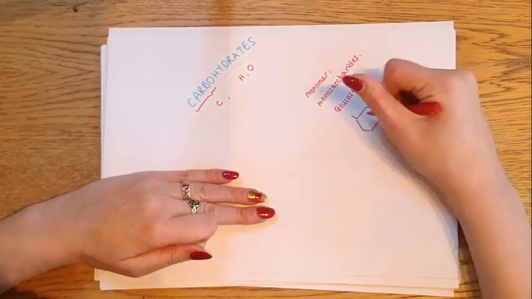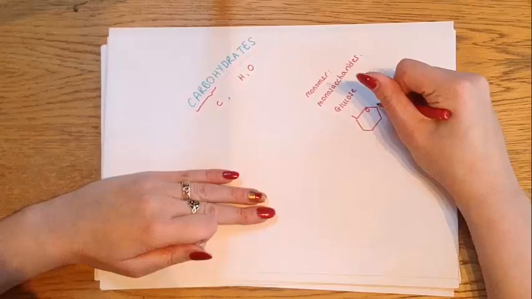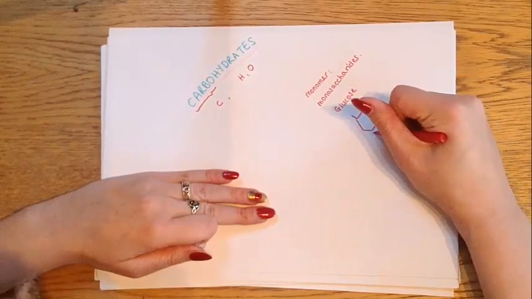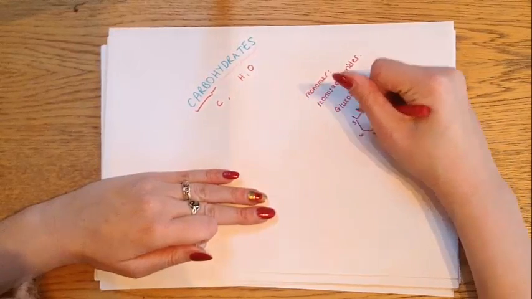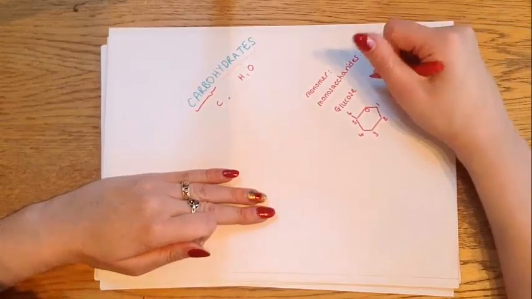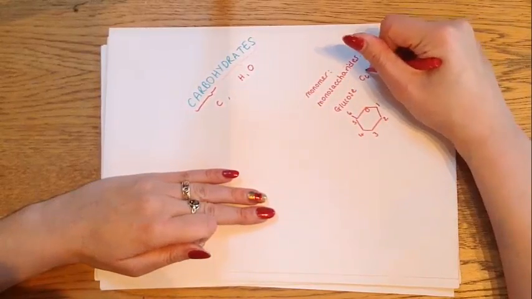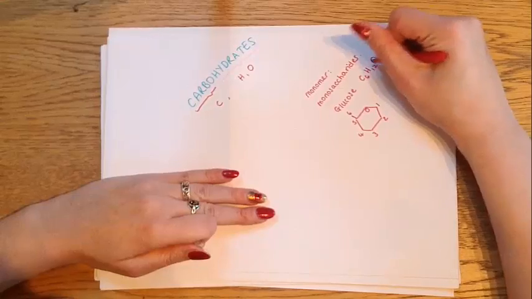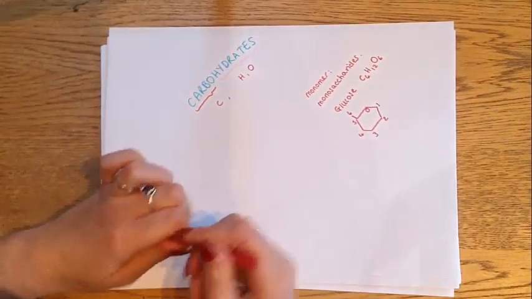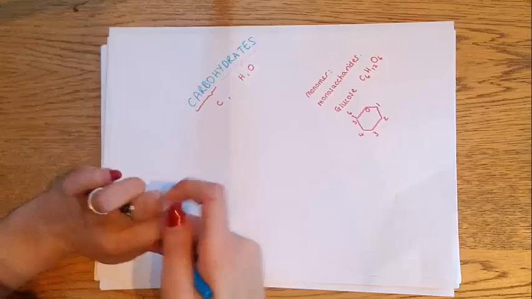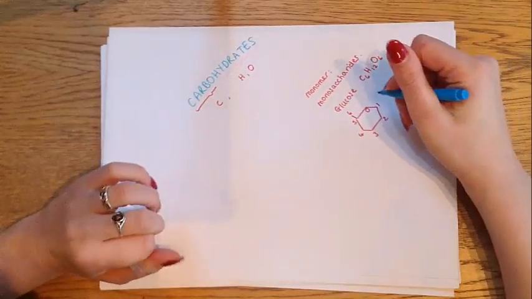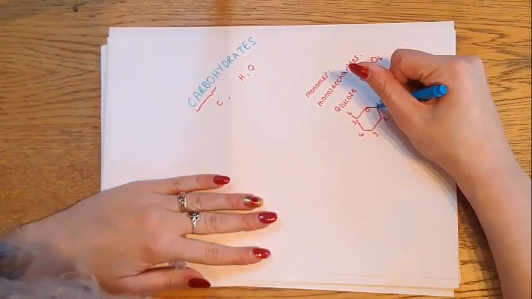If we're going to label that up, that's an oxygen there. We've got carbon 1, 2, 3, 4, 5 and 6. The full formula for glucose is C6H12O6, but we haven't drawn all of the hydrogens and oxygens on there. The ones it's important for us to know are the ones on carbon 1 and carbon 4.